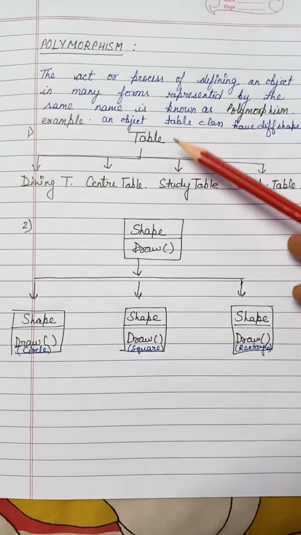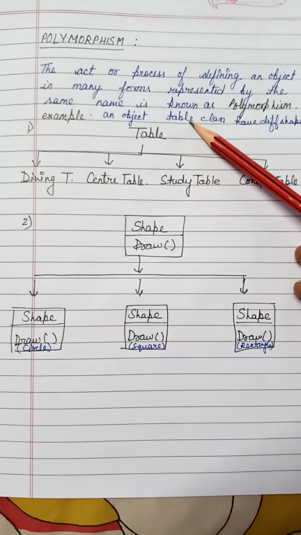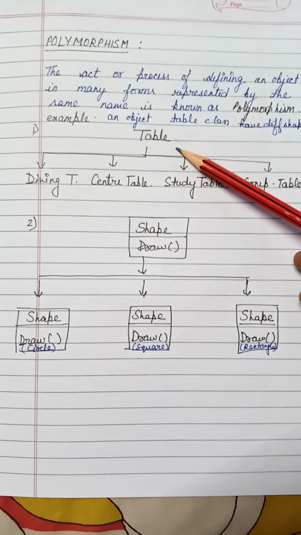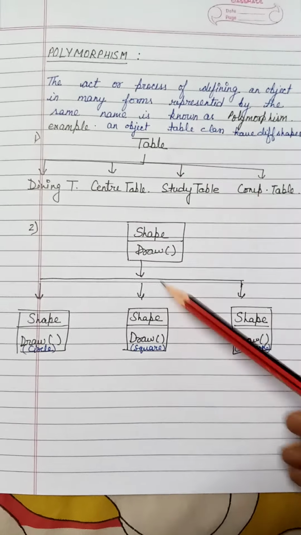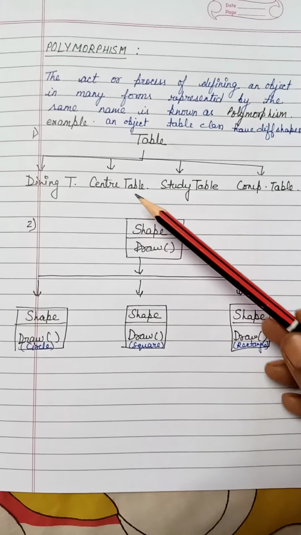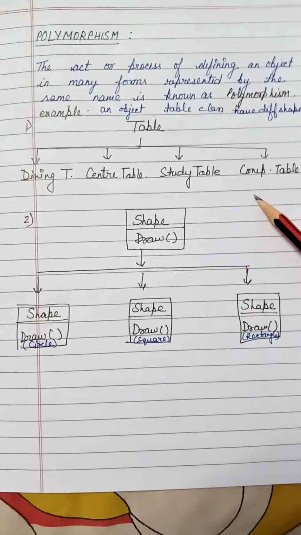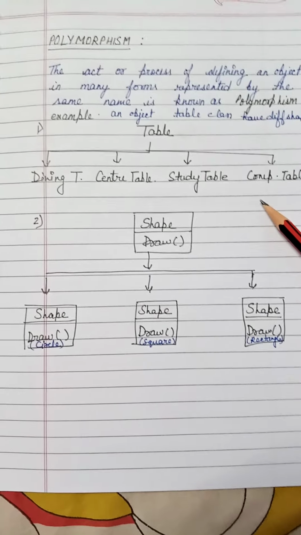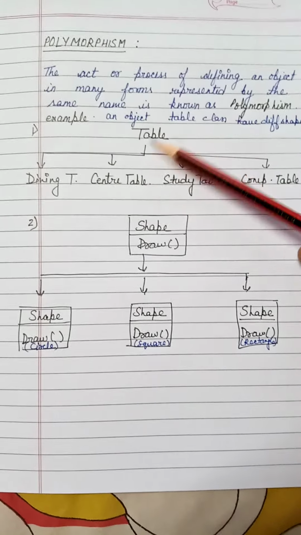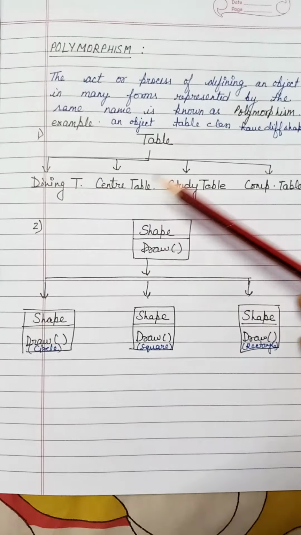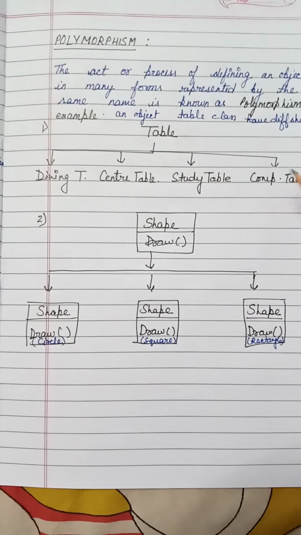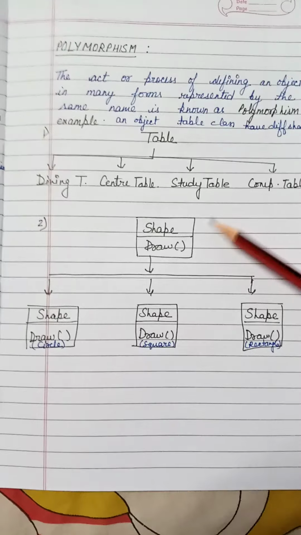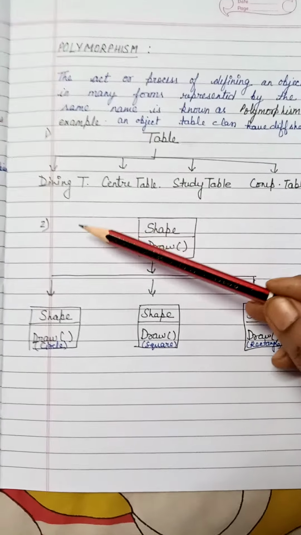For example, there is a class table. And there are different types of tables: dining table, center table, study table and computer table. So the name is the same: table. This one is computer table, study table, center table and dining table.